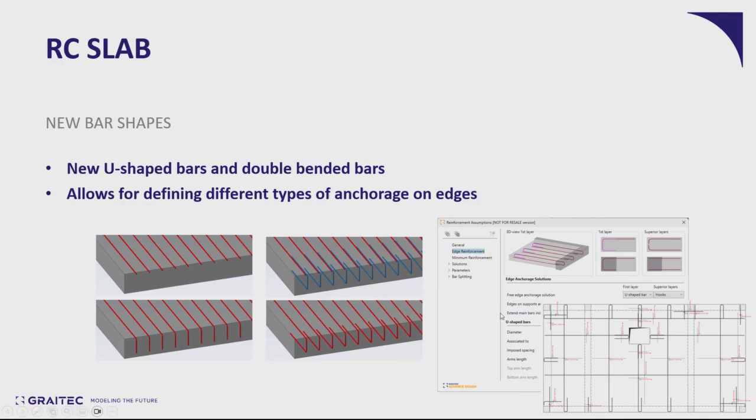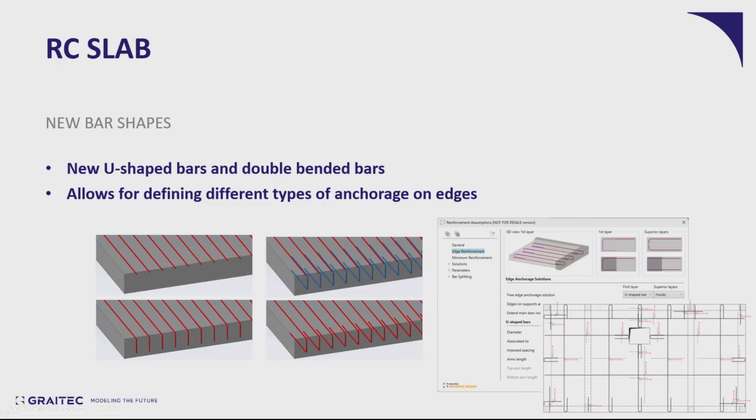As you see there, thanks to this, there are 4 anchoring methods available now. So you can anchor the rebars at the edges of your slabs with just straight bars. It can be hooks, it can be double bent bars, and as well using a U-shaped bar, as you see in these illustrations here.